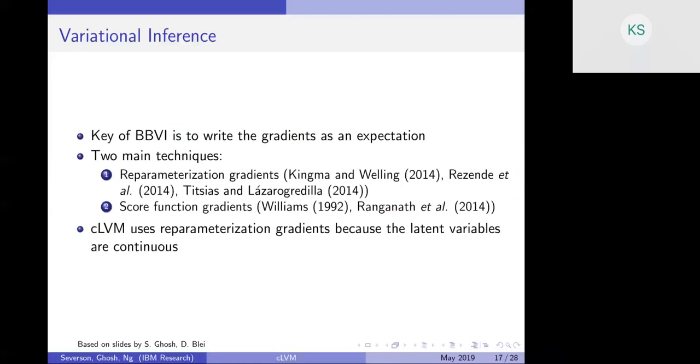The key insight of black box variational inference is to write the gradients as expectations. There are two main techniques to do that, reparameterization gradients and score function gradients. In our case, we're using reparameterization gradients, and that's because our latent variables are continuous.